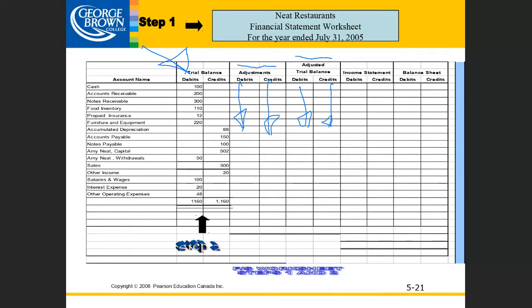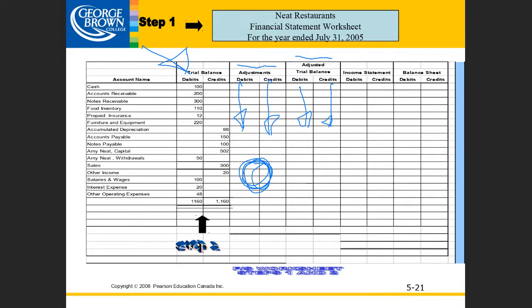But in the event that they don't balance, you can immediately go to look at your adjustments, because the difference between the first trial balance and the second trial balance is the amount of these adjustments. So all you have to do is some quick addition and subtraction to check your math, and you should be able to find a mistake very quickly if it doesn't balance.